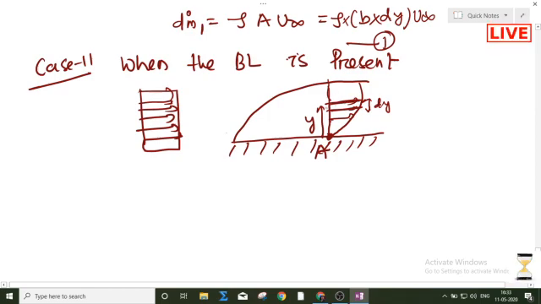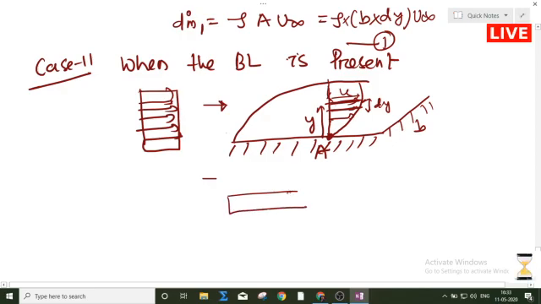The velocity of the fluid which flows inside this element is u. This is my width of the plate, and this is the length. If you look from the side view, this is my b and this is my dy. The area dA will be equal to b into dy.